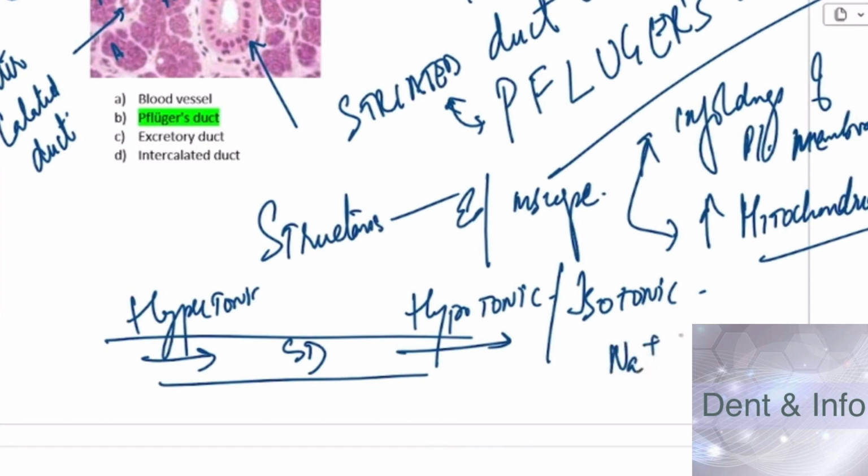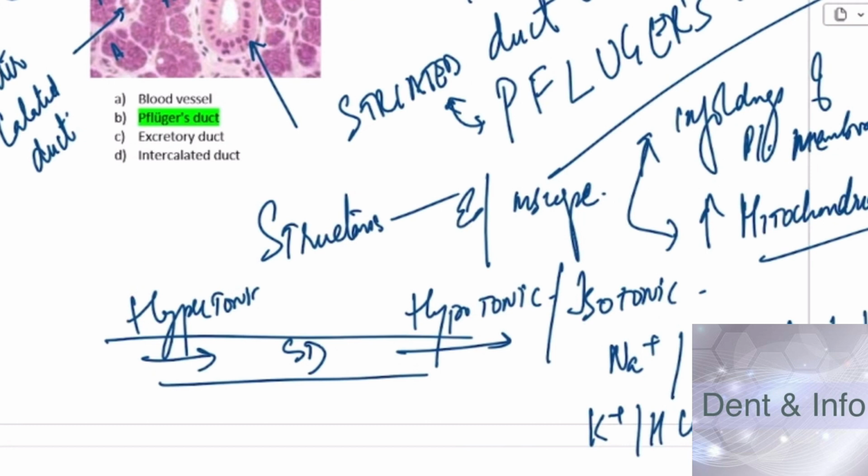Sodium ions, chloride ions, they are getting reabsorbed. Okay, in exchange, potassium and bicarbonate ions are getting released, but to a lesser extent. Quite a lot of ions went back, but fewer came in return. So ultimately the tonicity decreased. It became hypotonic and isotonic to plasma.